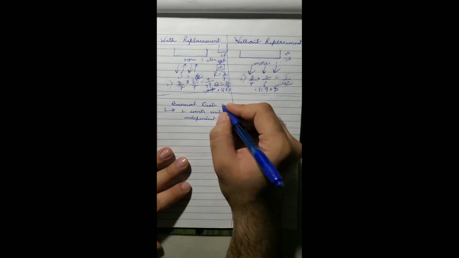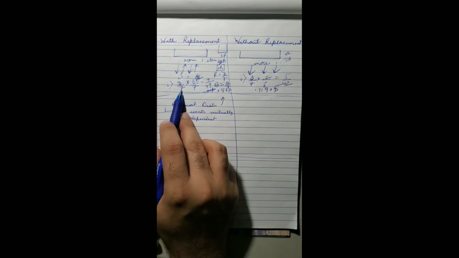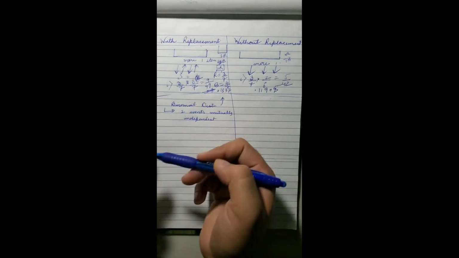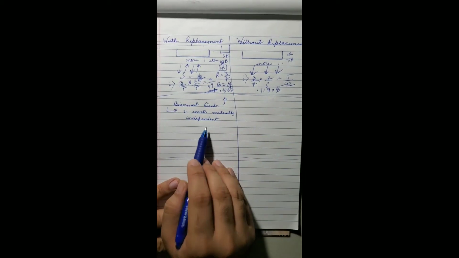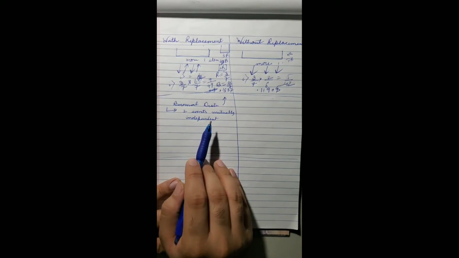Doesn't it sound similar to with replacement? Right? In with replacement also, our second draw didn't depend upon the first because we were replacing. So binomial distribution is specifically for mutually independent events.